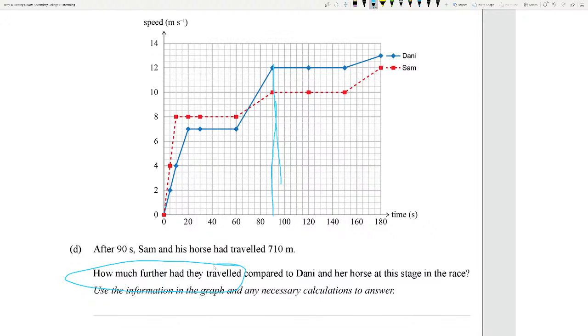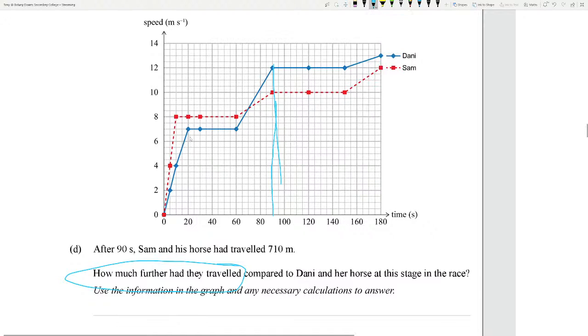This is a typical area under the graph question. When you do distance in a speed time graph, you calculate the area under the graph. In this case we need to look at Danny, which is the blue line.